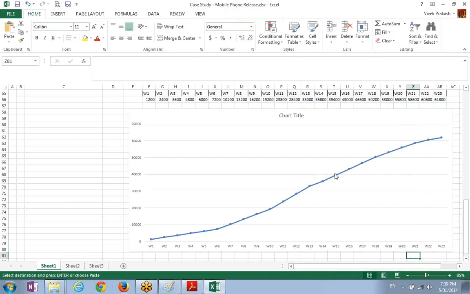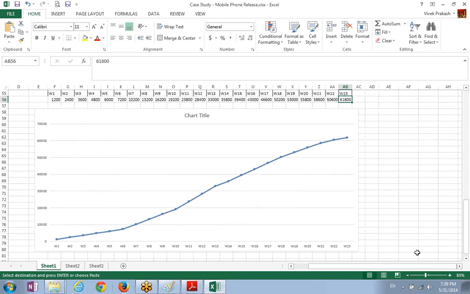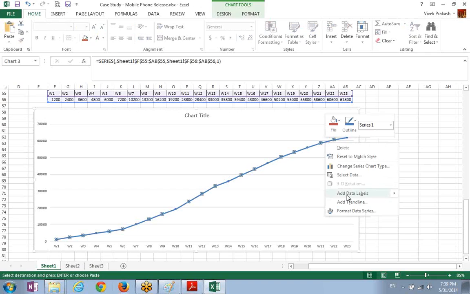Correct? Now it is aligned. Every point is aligned. This is our BAC. This is our BAC. I can go and add some legends.